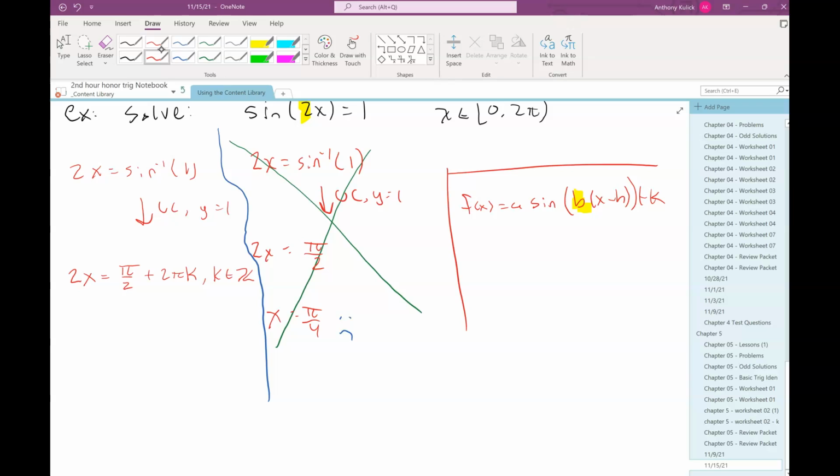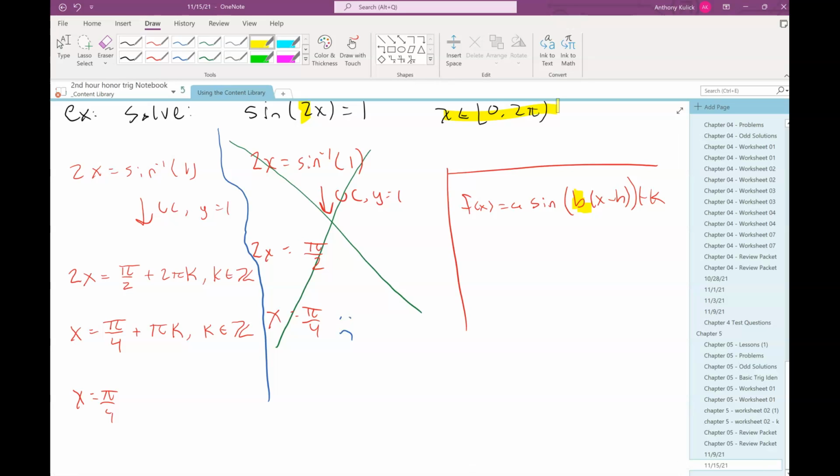So when I divide both sides by 2, this becomes pi over 4, but this becomes pi k, right? When I divide that by 2. And now I'm just going to take my base answer, which is pi over 4, and keep adding or subtracting pi from that until I get things that are outside of my interval.